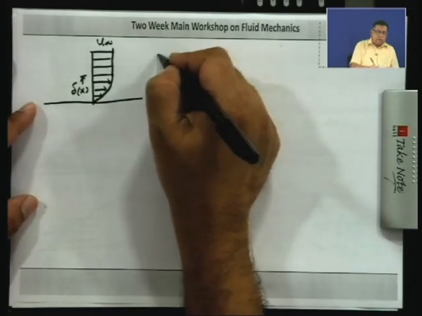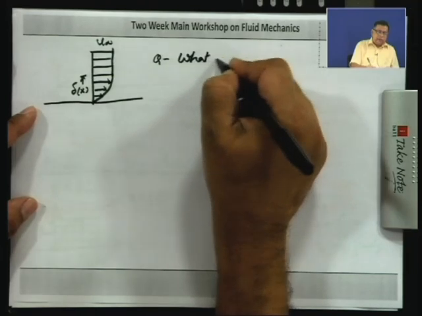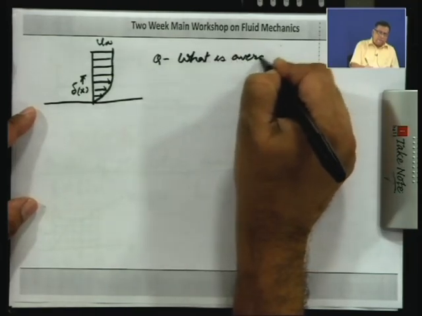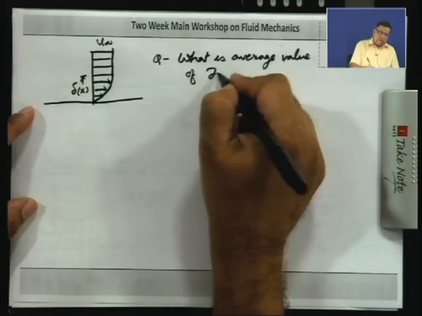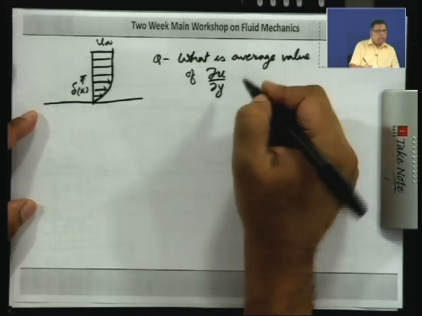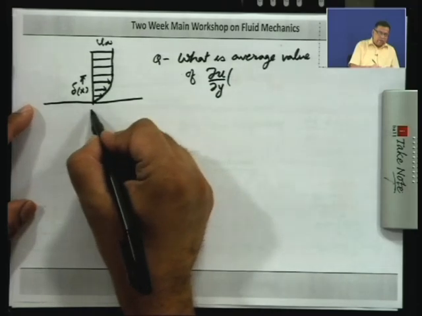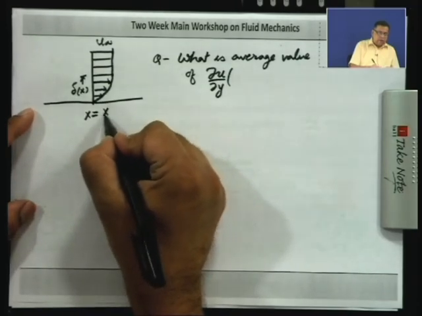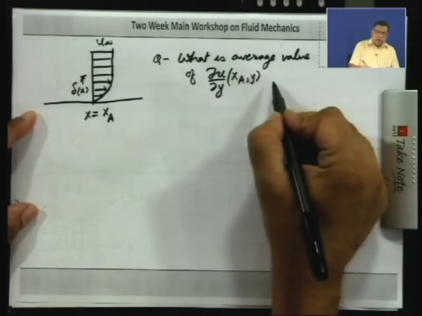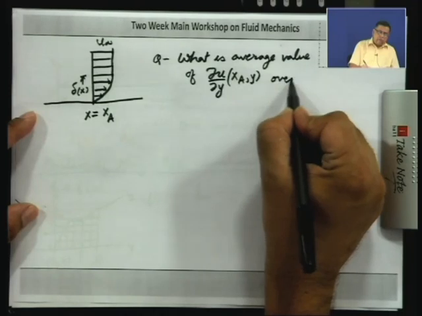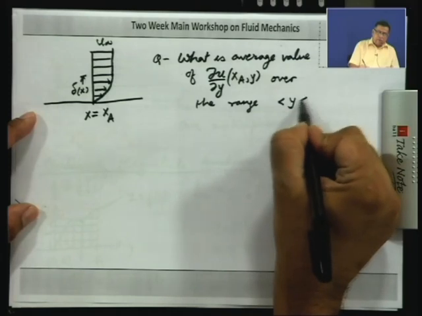now let us ask ourselves the question, what is the average value of del u del y, at some x equal to say x a, over the range y going from 0 to delta?